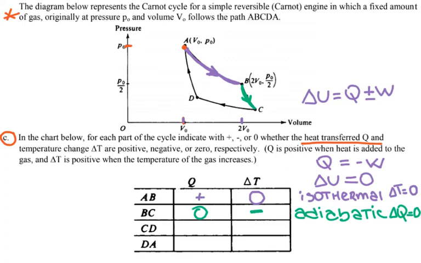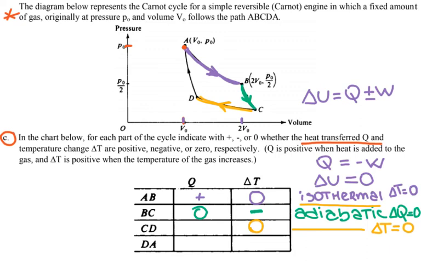CD is isothermal at a lower temperature than AB. So again, it's isothermal as well. The temperature doesn't change, so the change of temperature is 0.